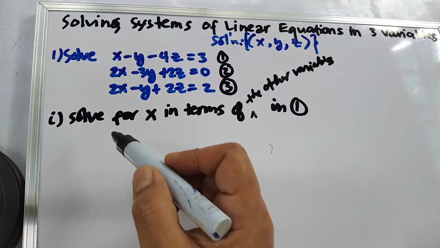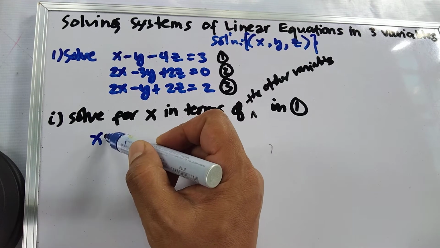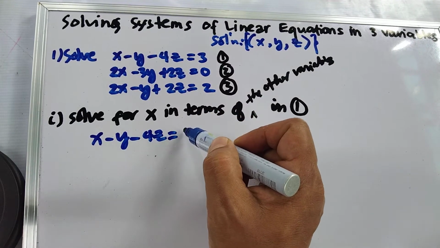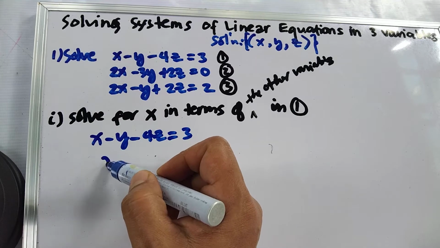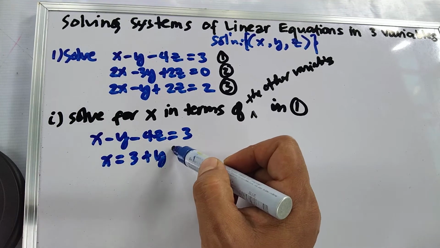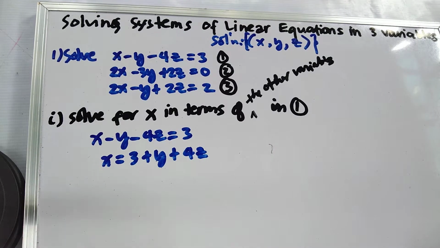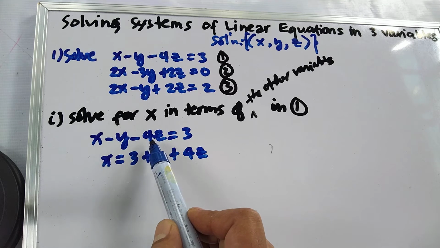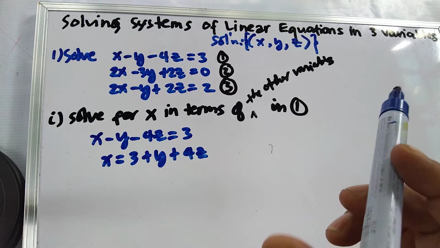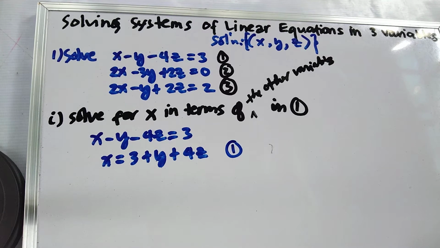Okay. So we have here x minus y minus 4z is equal to 3. So let's solve for x. x is equal to 3 plus y plus 4z. In other words, we just transpose negative y and negative 4z to the right side of the equation. So, equation 1 looks like this.